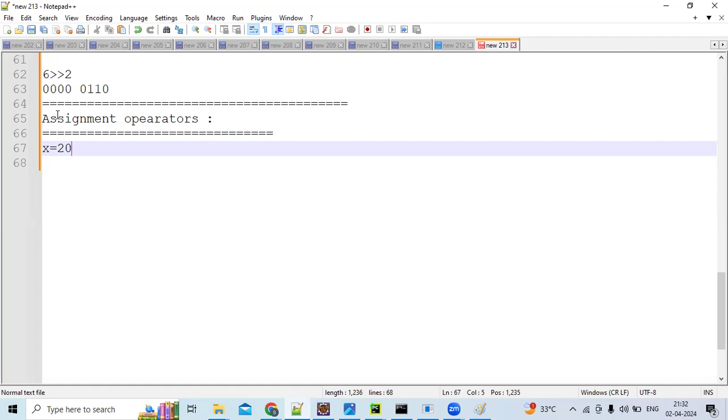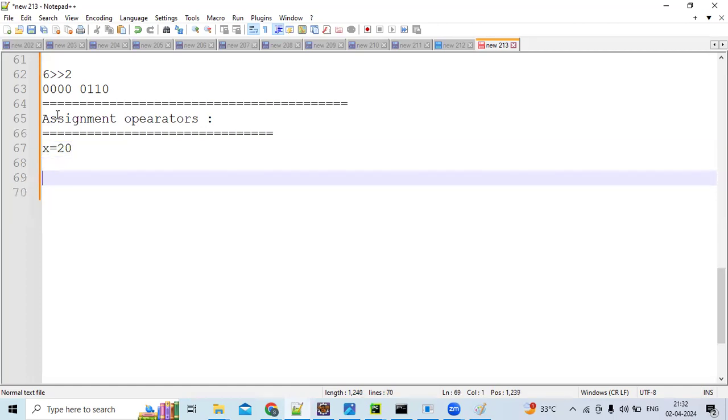Now my question is, what is x equal to x plus 10? How will it work, guys? Any idea? Don't think of it like math. Suppose you are coming from a non-programming background. Even in my BTech first year, I am from EC, but in my programming class my professor used to write x equal to x plus 10.